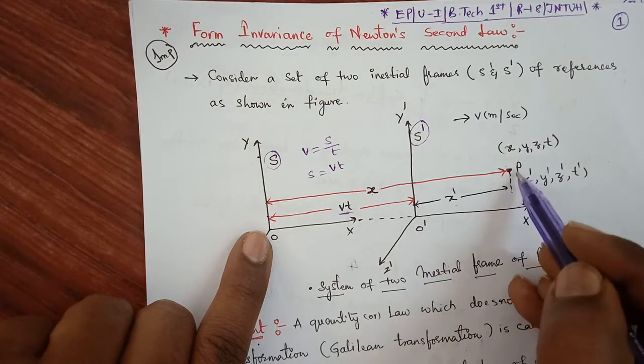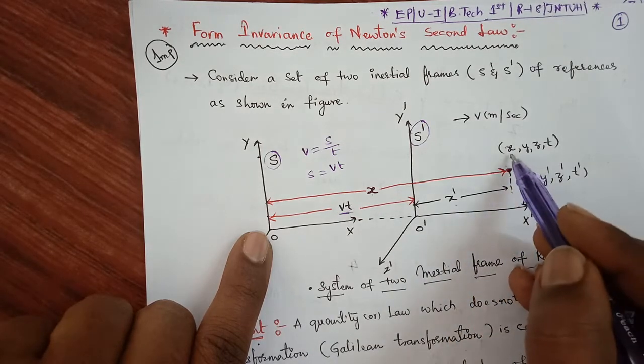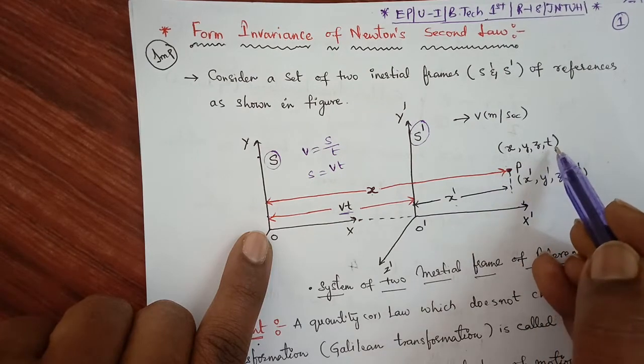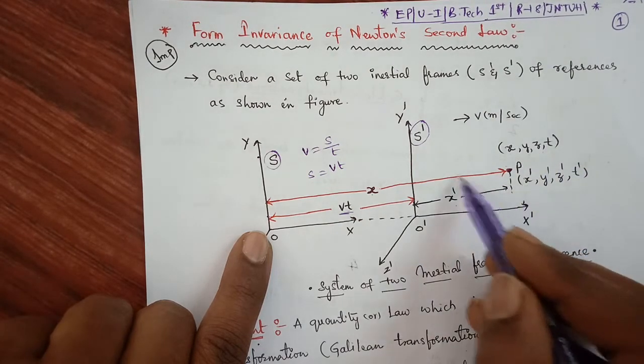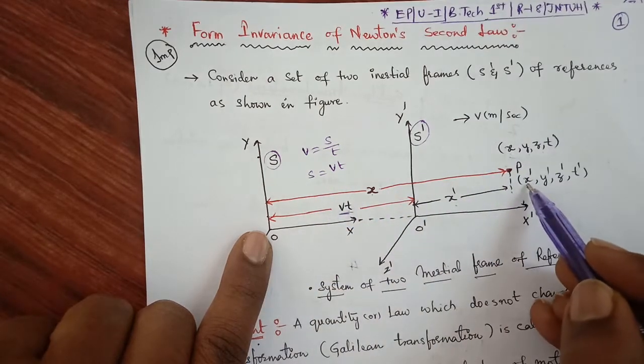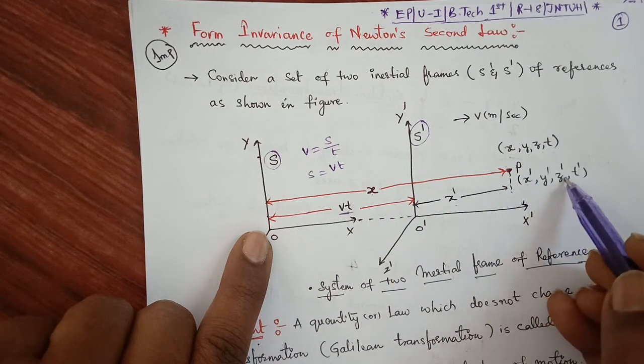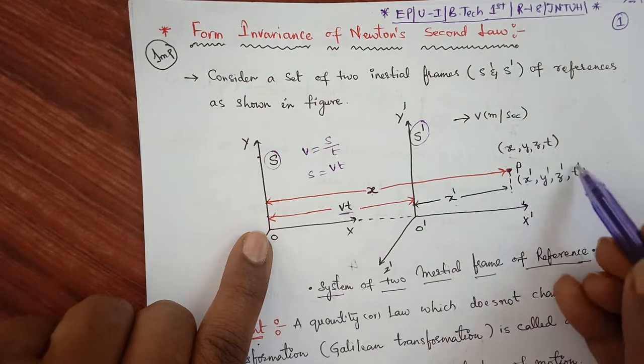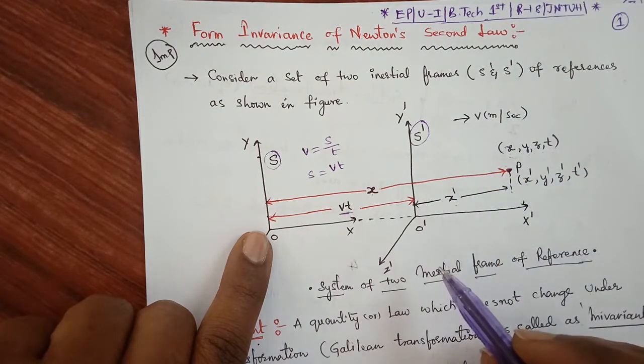Let us consider a particle with coordinates x, y, z, t in the S frame, and x dash, y dash, z dash, t dash are the coordinates in the S dash frame.